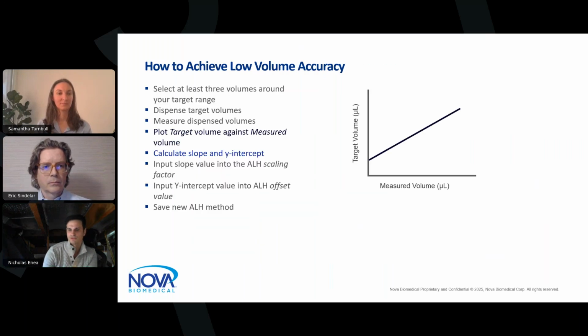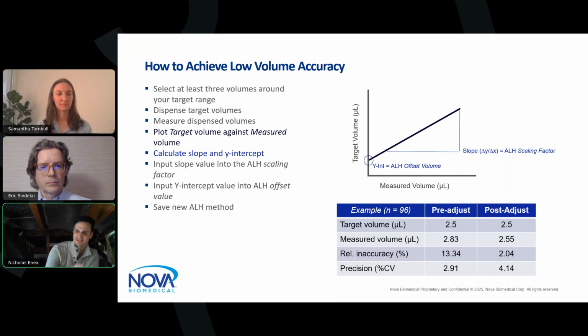So once again, I just took an example of one of the labs that we did with a genomics workflow. I think Sam and Eric outlined this really well earlier: there are the individual parameters that you can adjust, and then there are the global parameters with slope and offset. They're called different things depending on whatever liquid handler you have.